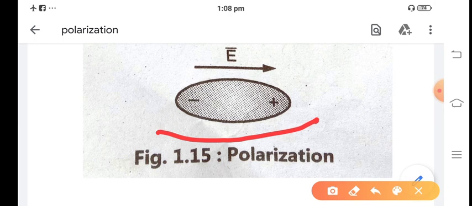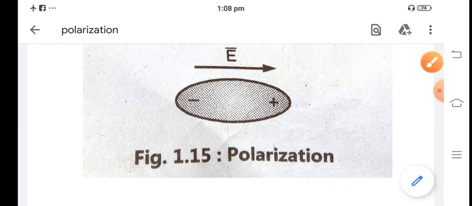I repeat this: when the electric field is applied to the dielectric material, which consists of positive and negative charges, the positive charges move in the direction of the field and the negative charges move opposite to the direction of the field.